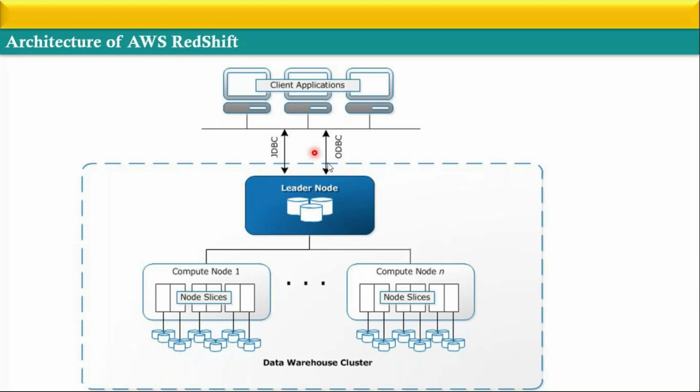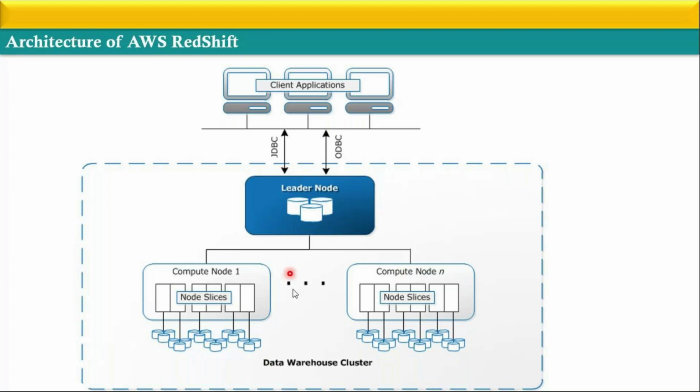With the help of these connectivity modules, these applications will be able to interact, and data processing is done with the help of compute nodes, and you will be able to get the outcome. So this is the architecture of Redshift.